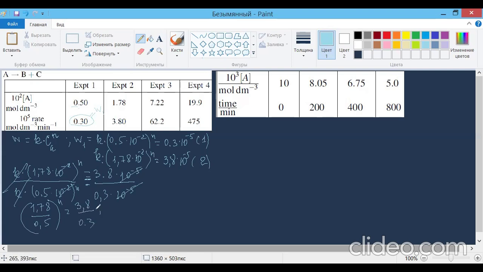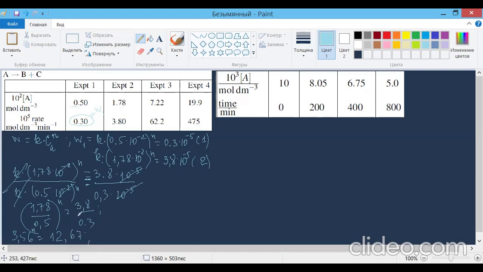Okay, so let me take a calculator. So 1.78 divided by 0.5 is equal to 3.56. So 3.56 raised to n is equal to 3.8 over 0.3. We got 12.67.